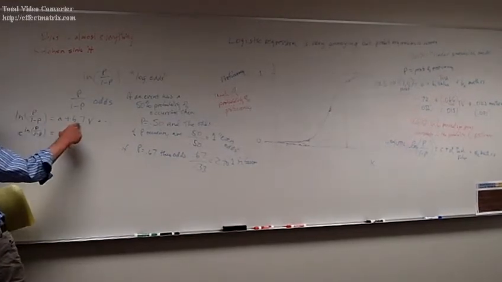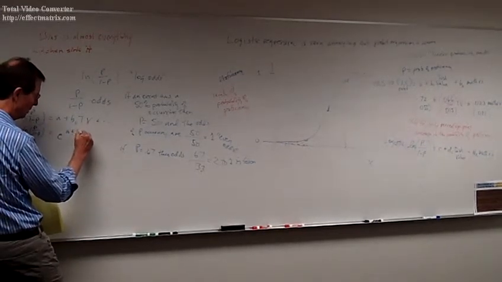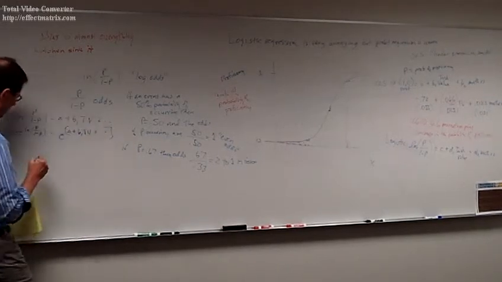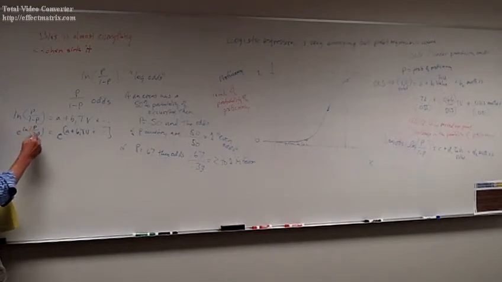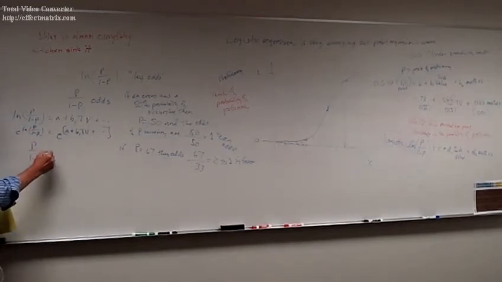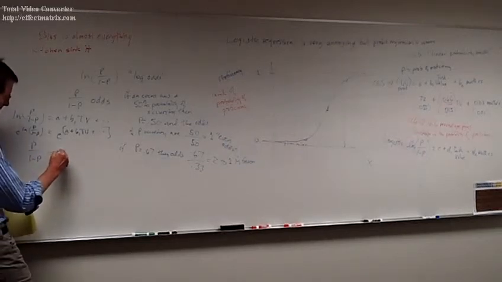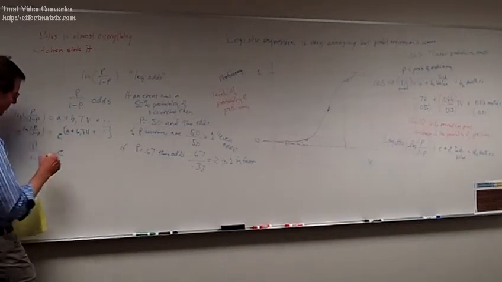So if you take e, exponentiate both sides, a plus b1 task value. So this e to the log of something is just that thing. So now you're getting odds as a function of something pretty horrible, right? The exponential of this.